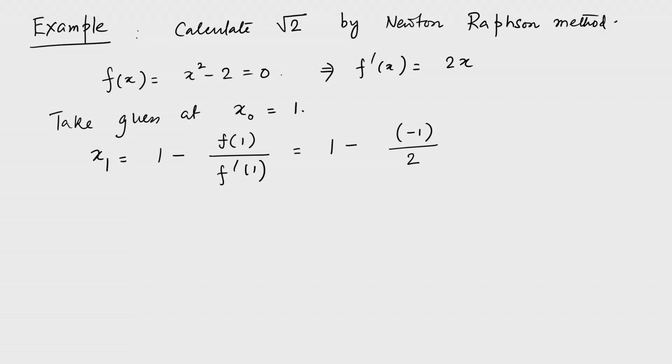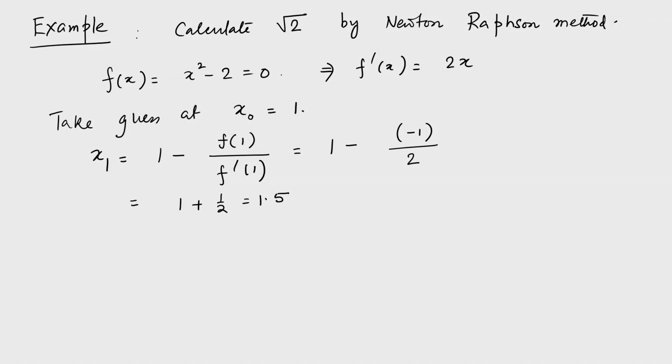So, this becomes 1 plus half, which is equal to 1.5. So, in the second iteration you get a value which is 1.5.